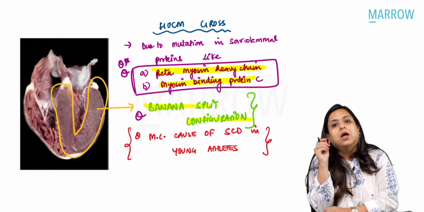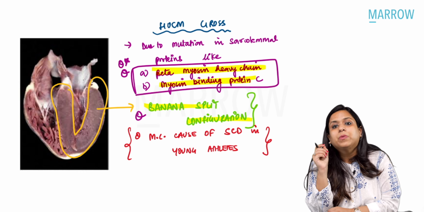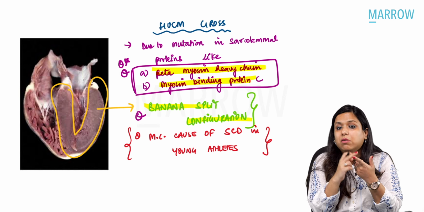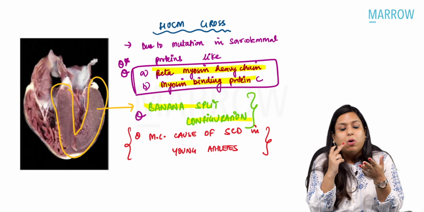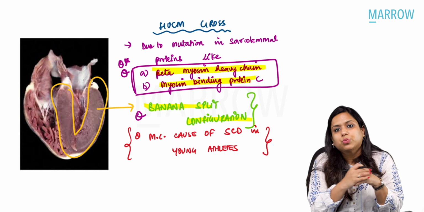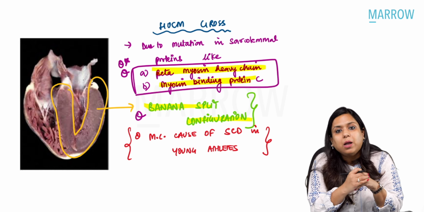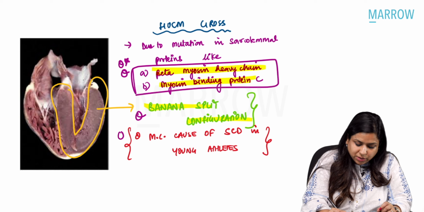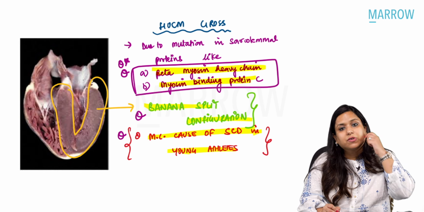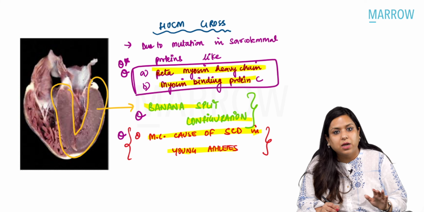And last, another clue in the history can be an athlete with sudden cardiac death. Whenever there is a runner or an athlete or a young patient with sudden cardiac death, one diagnosis which we think about is HOCM, hypertrophic cardiomyopathy. That is another question which you have to remember. It is the most common cause of sudden cardiac death in young athletes. Understood?